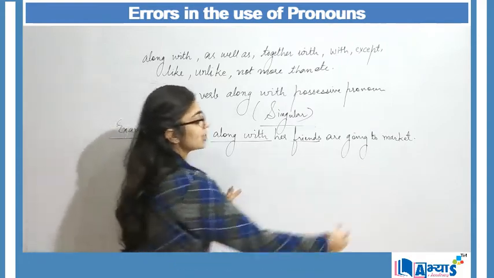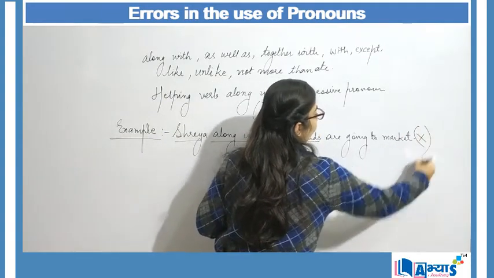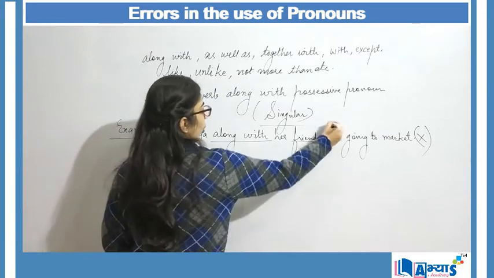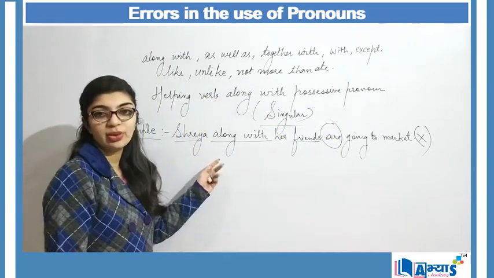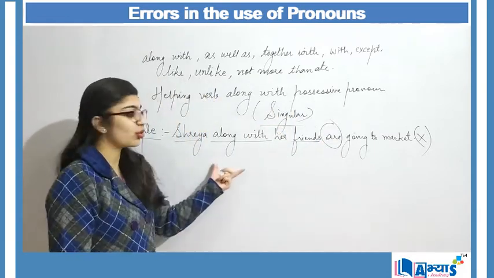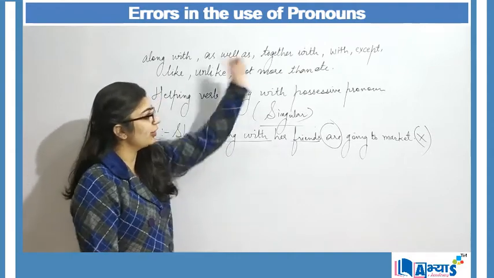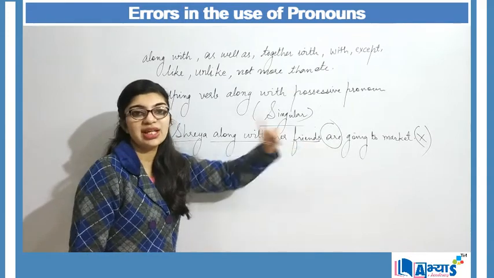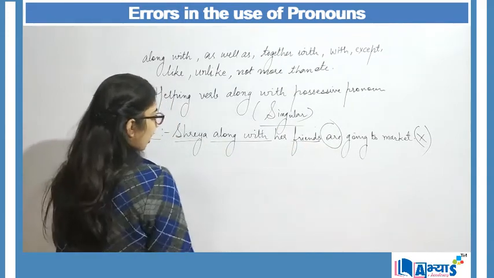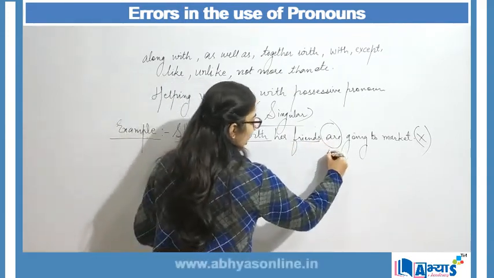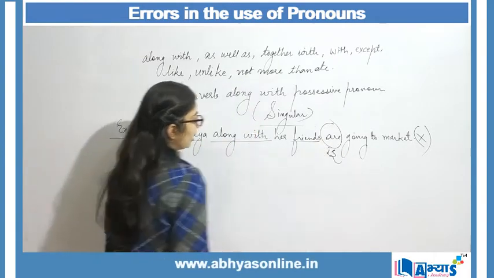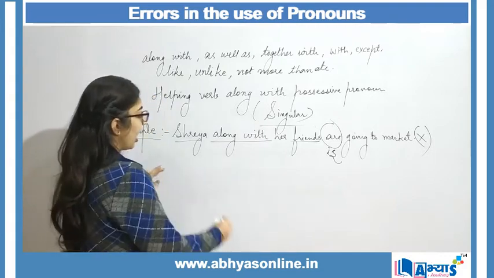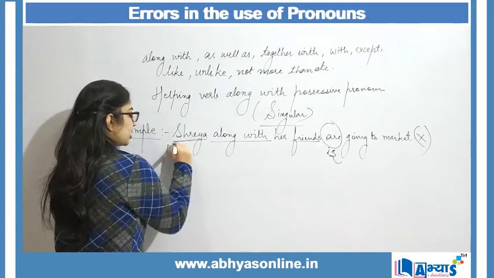This sentence is considered to be wrong. And why is this sentence considered to be wrong? Because whenever two subjects are joined with "along with" or any of these, my helping verb will always be singular. Instead of "are", I will be using "is". Shreya along with her friends, which means that I am just talking about the first subject.